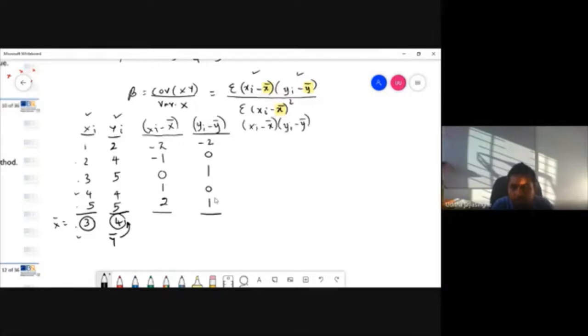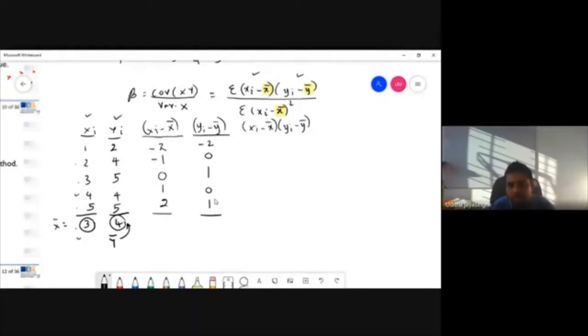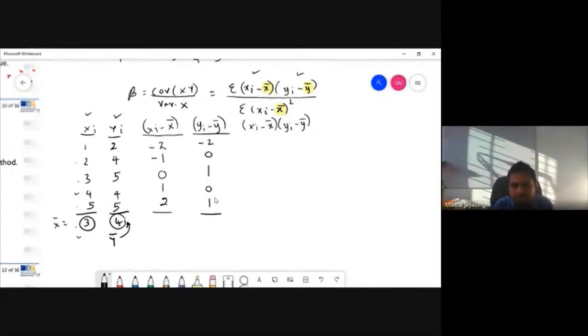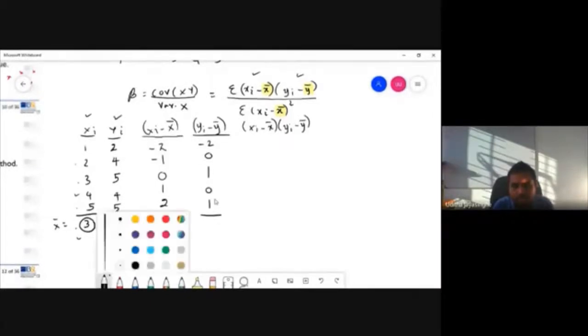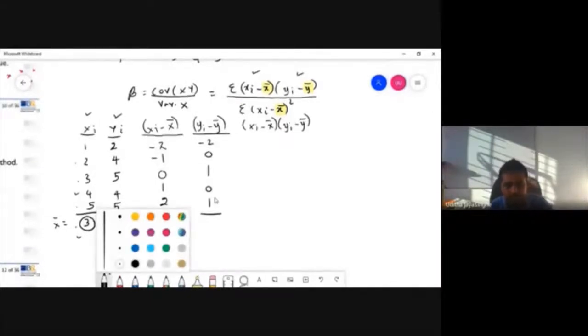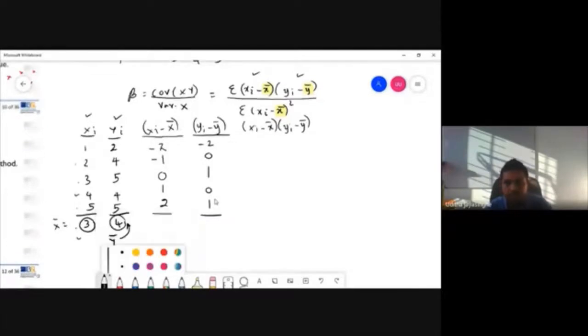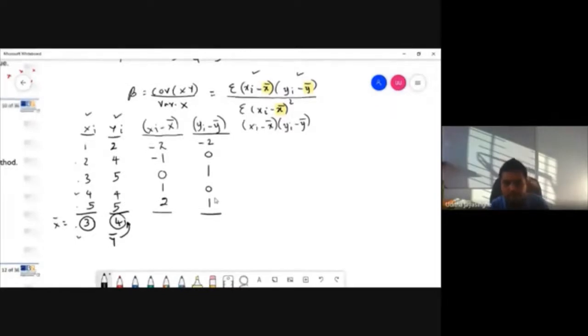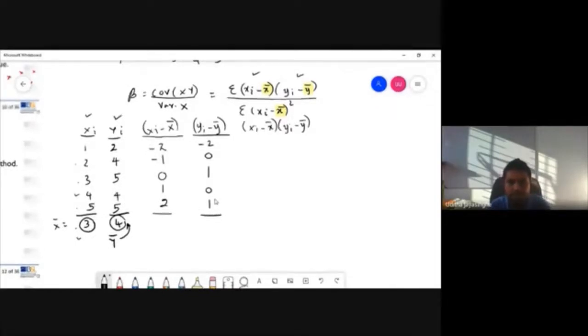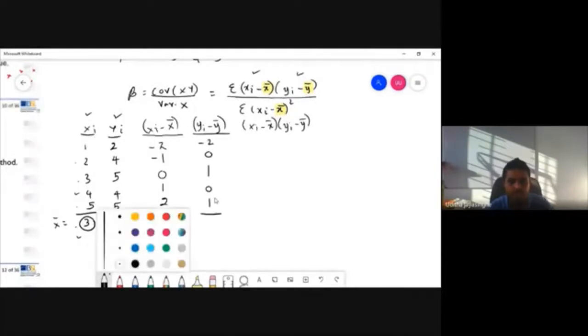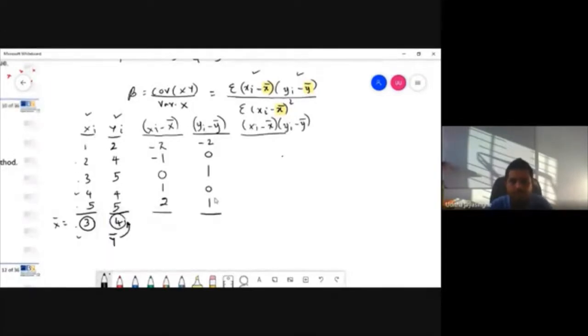So that means, students, for these individual points, I have to calculate the multiplication.